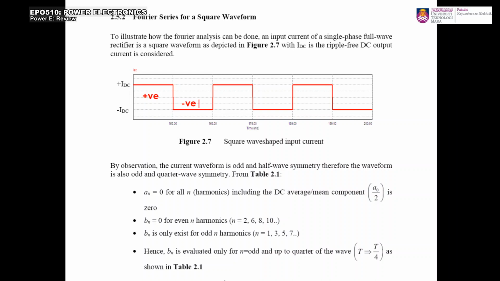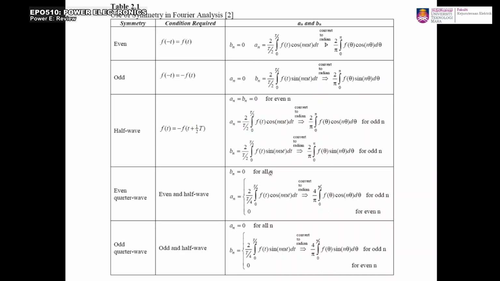And then if you go through the symmetry, the waveform is odd and half wave symmetry, and therefore the square waveform is also odd and quarter wave symmetry. So refer to the table 2.1 just now. If you go back to table 2.1, you're going to see for odd and quarter wave, an is 0.